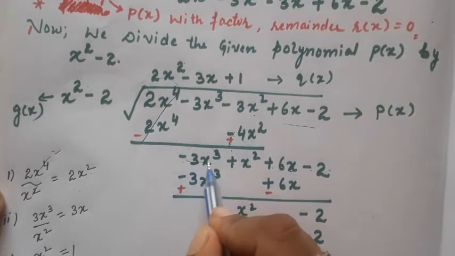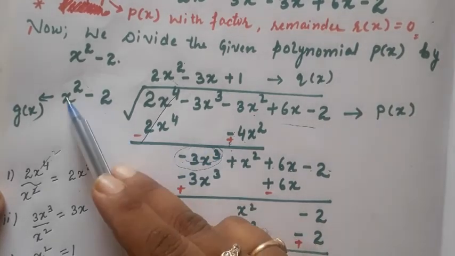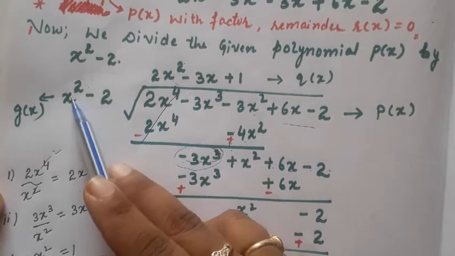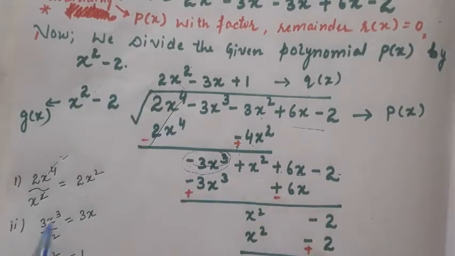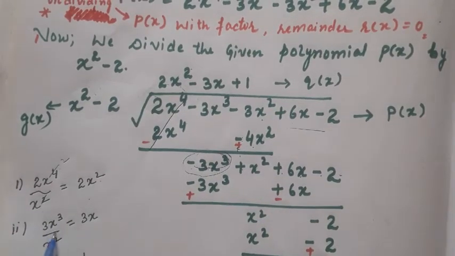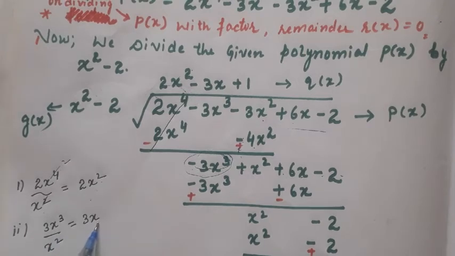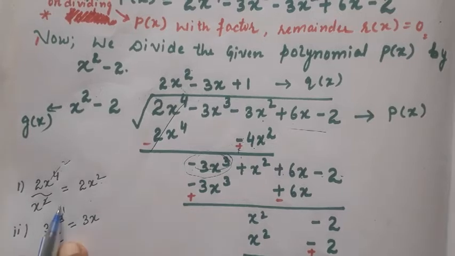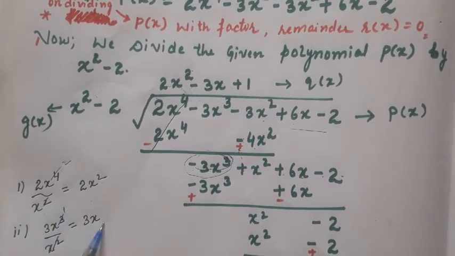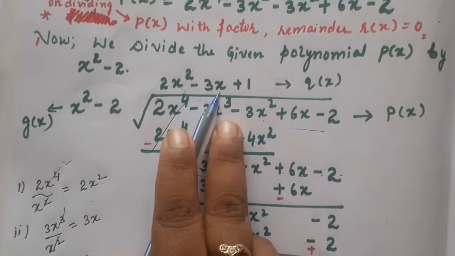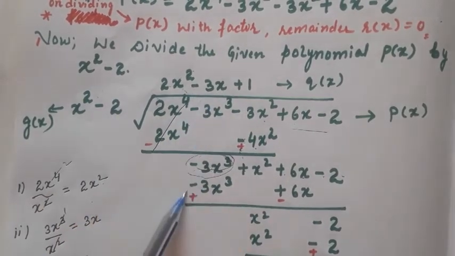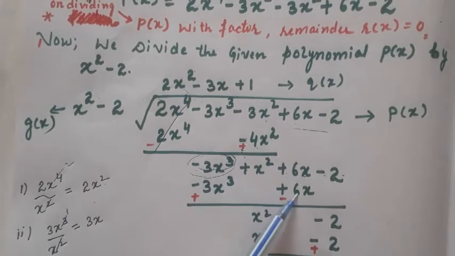Now the next step is again to compare this thing with this. So what I need to do is again divide this thing with x raised to power 2. After dividing, I'll get 3x, as this thing will cancel out with this, and I have left 3x raised to power 1, that is 3x. So I'll write minus 3x. Similarly I will multiply this thing with minus 3x to get minus 3x cube plus 6x.